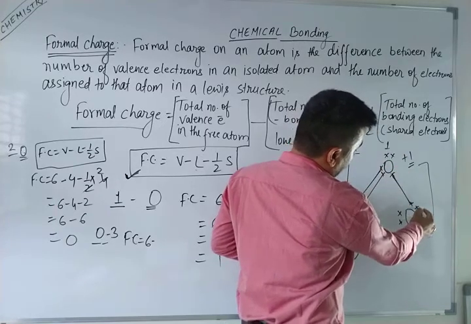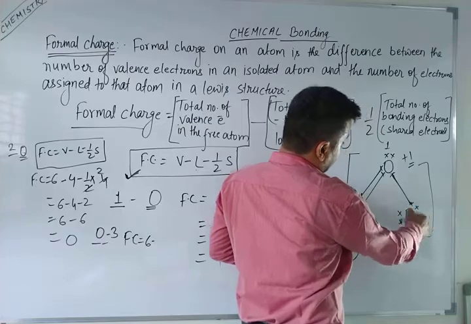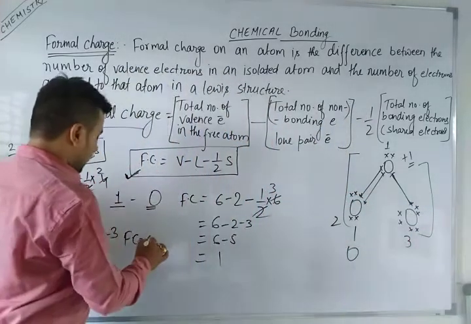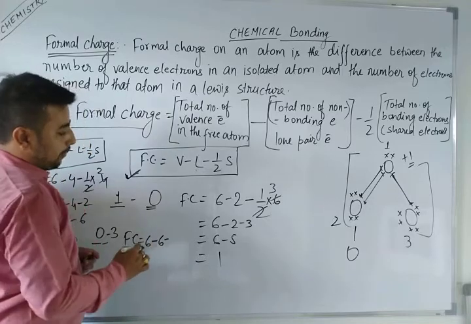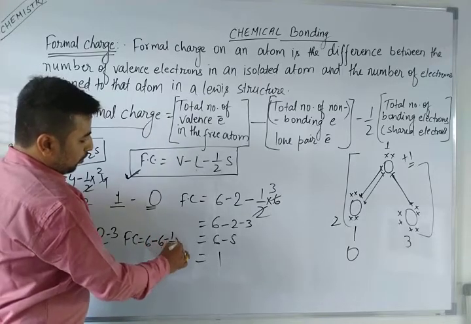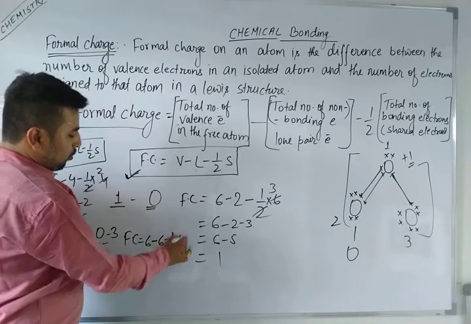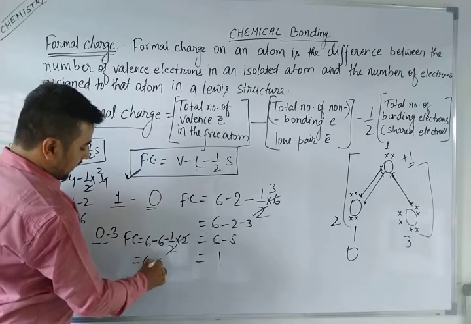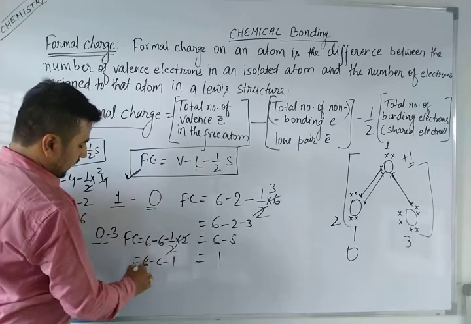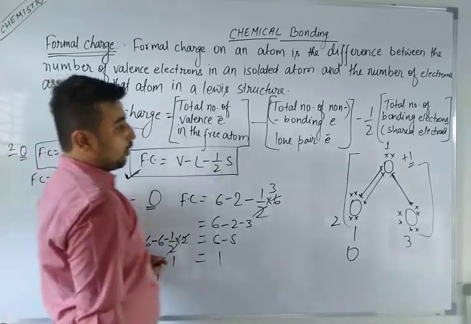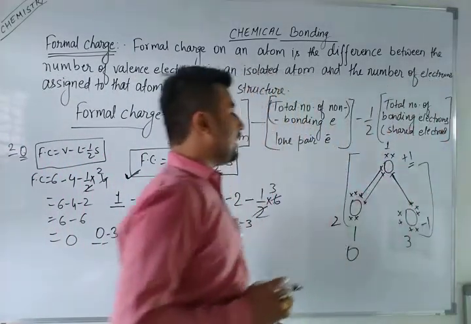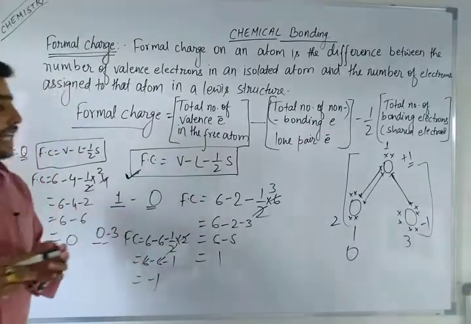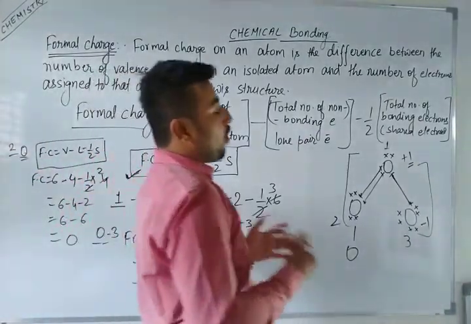So a total of 6 lone pair electrons are there, 3 lone pairs. So 6 minus 6, and shared pair electrons are 2, half into 2 is 1. So 6 minus 6 cancel, minus 1. So the formal charge of this third oxygen is minus 1.